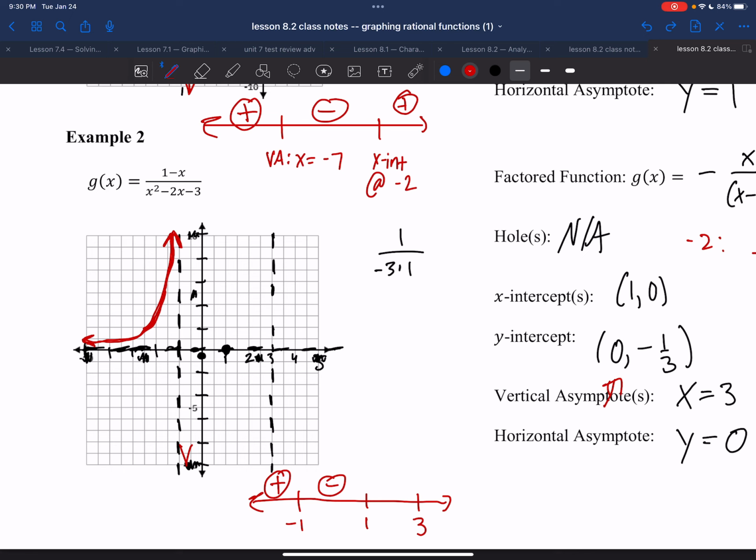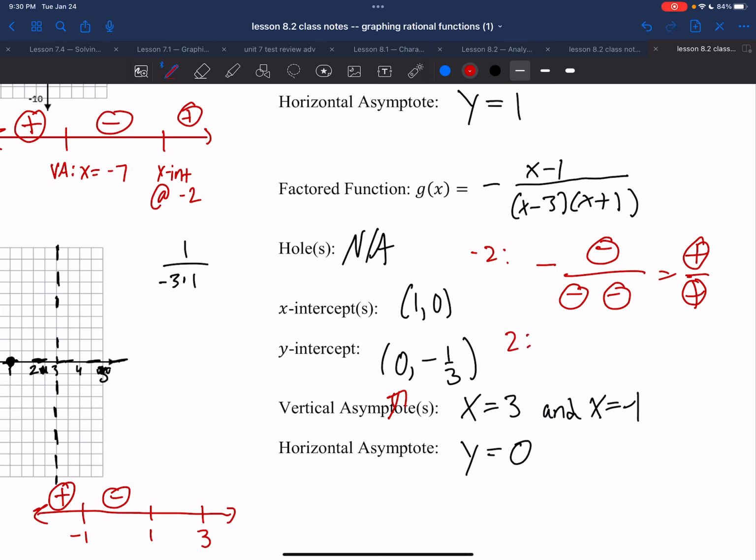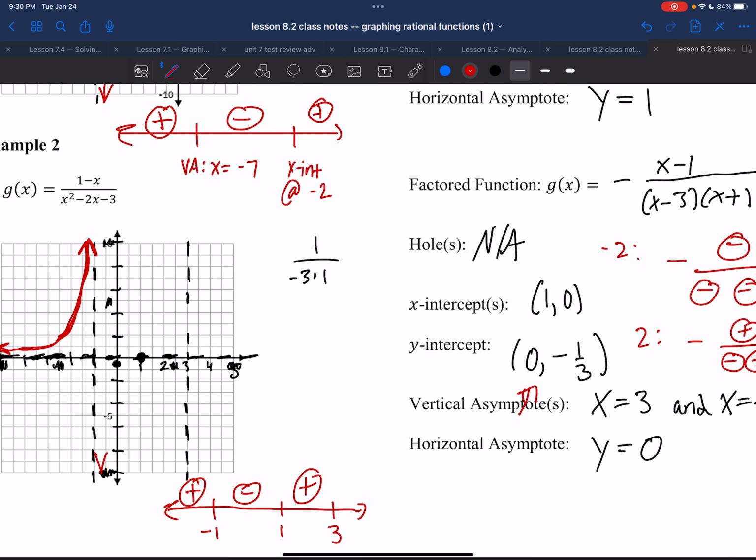Okay, so I'll test 1 to the right of 1. Let's try +2. The top is positive, negative, positive. So that should be positive over positive. Okay, so that's going to be positive. Therefore, it's going to head up here. It's not going down.